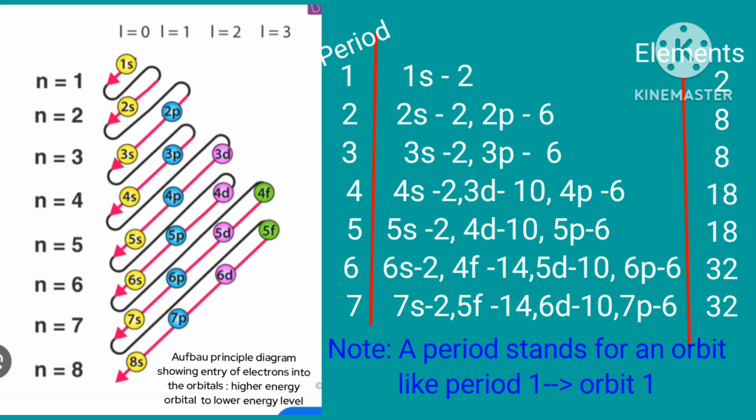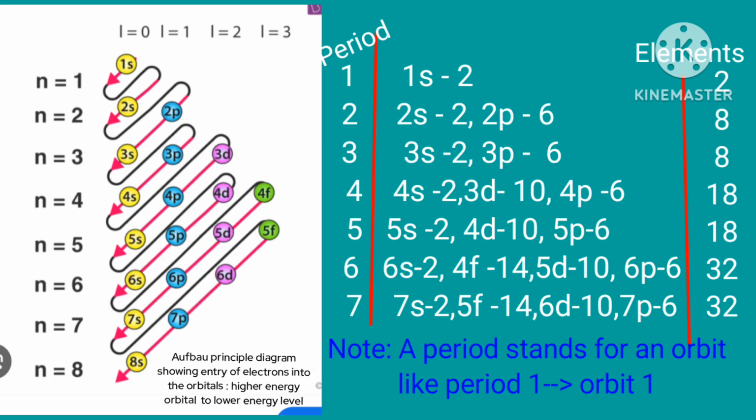In the same way, 2p orbital has space for 6 electrons. But electrons enter first one into each orbital, filling up 3 suborbitals, then second electron starts entering these 3 orbitals one after another. Like that, 6 elements form.